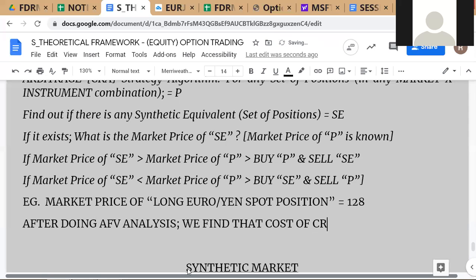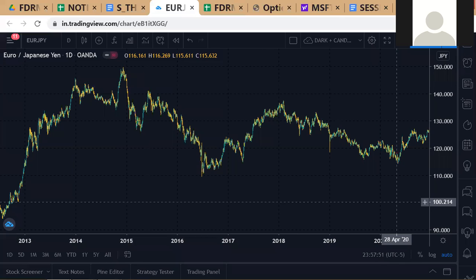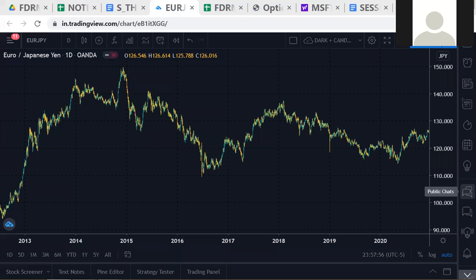creating a, let's call this the direct, which means the direct long euro-yen spot position of market price, which means I go to the euro-yen market and I directly look at, maybe at this point it is useful to talk about FX quotes from pages where we can see everything together.